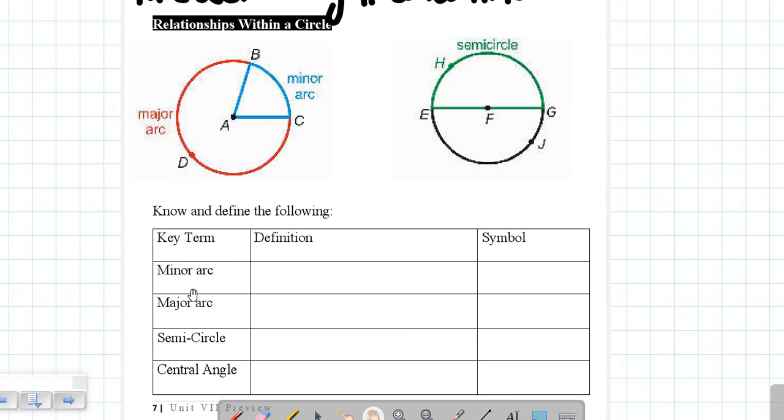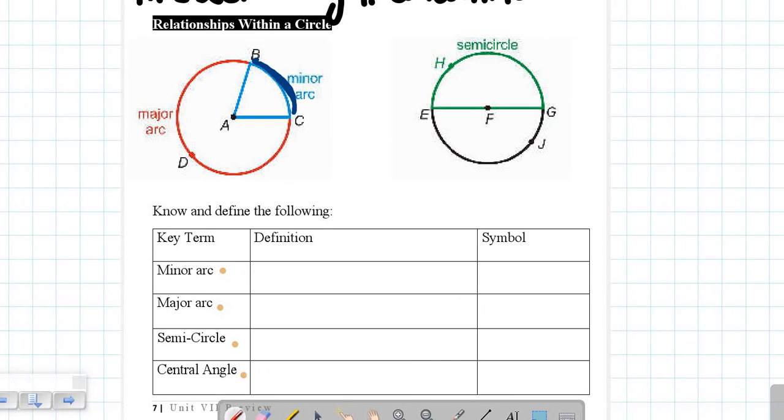Now there's some terms here, key terms, a minor arc, major arc, semicircle, and a central angle. A minor arc is a piece of the edge of a circle, and we use 2 letters, and it's less than 180.